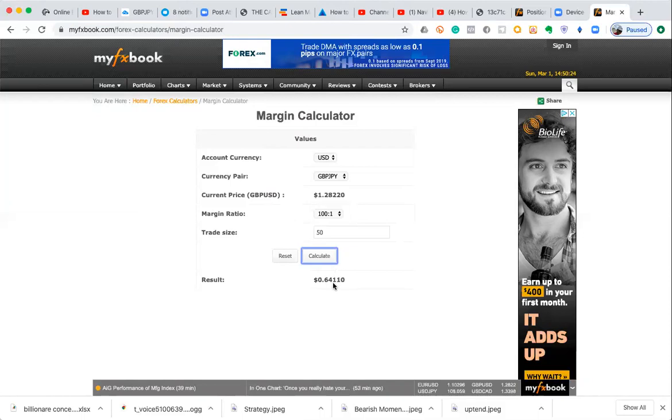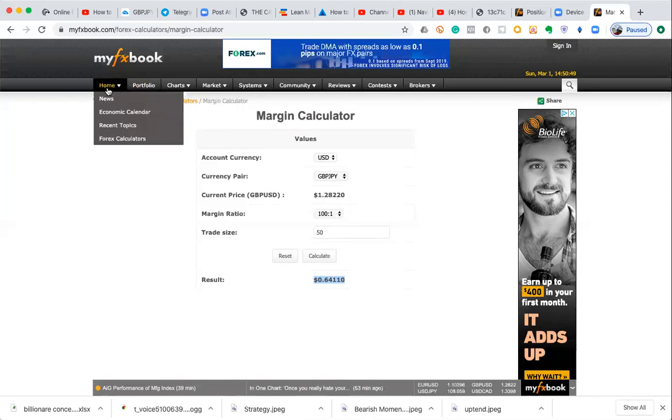That margin may be 2 pips, it may be 3 pips, it may be 5 pips. That's the house's money right there. That's their margin call. So what this is saying to me is that once I get past 0.64, now I'm in profit.